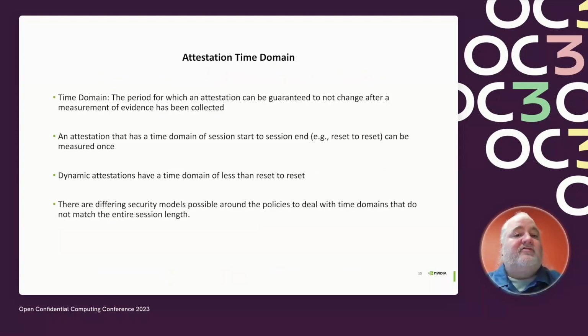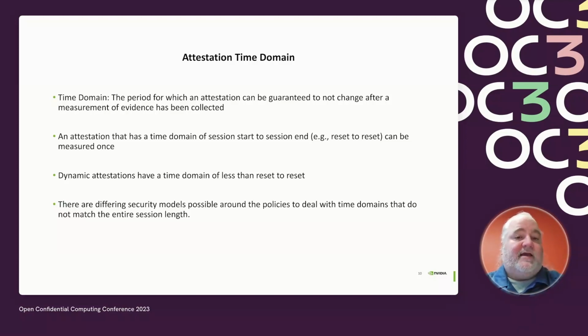So now let's start to dig in a little further and talk about the various attestations and what we call attestation time domain. The attestation time domain is a period of time in which the attestation is guaranteed not to change from the point where you measure until the end of your session. So if you have a time domain of some piece of attestation that goes from session start to session end, or reset to reset, you can measure it once and know that you can rely on that.